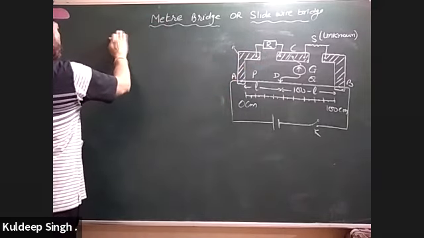Let us put in the first. R is equal to 2 ohm. Put in equation 1: R by S equal to 40 upon 100 minus 40. 100 minus 40 is 60. Therefore, this is 2 by 3. What is R? It is 2.